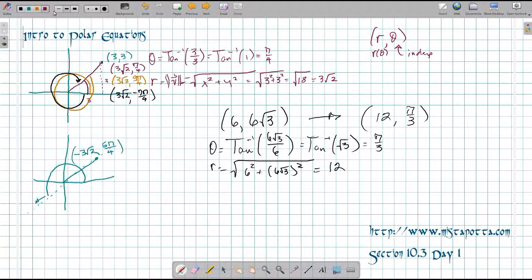But in that same vein, I could also work backwards.